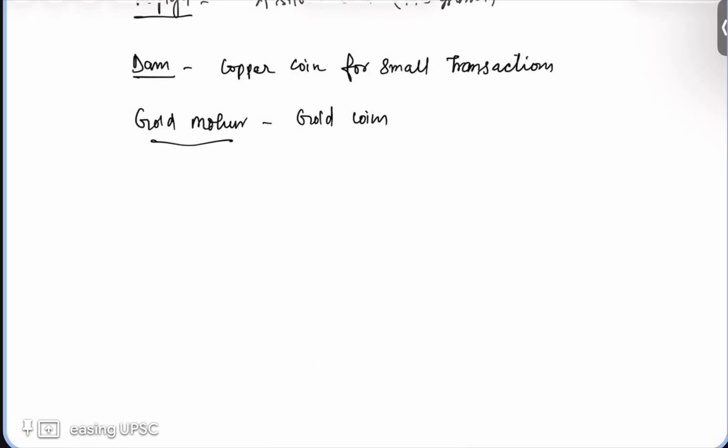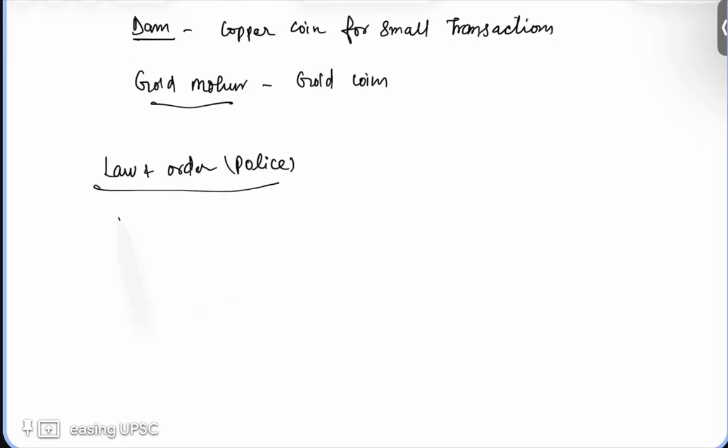Now let's talk about law and order, police. First of all, we'll talk about local responsibility. He enforced the principle of local responsibility. If a theft or robbery occurred in a village, the village headman.